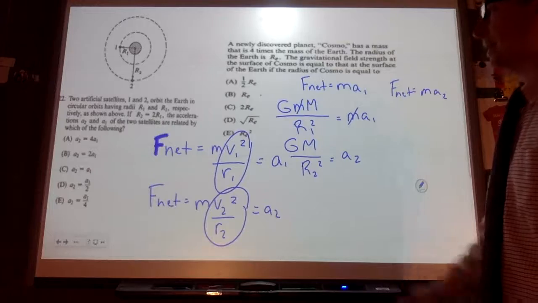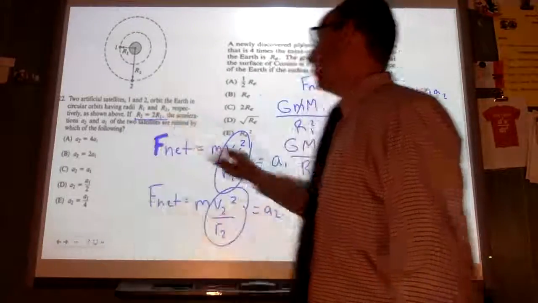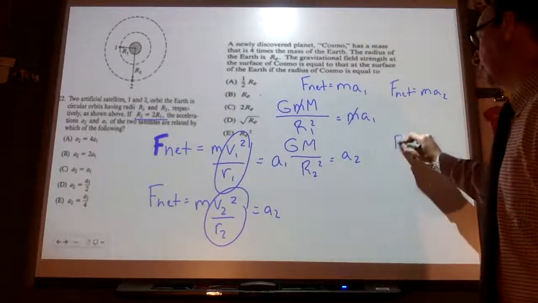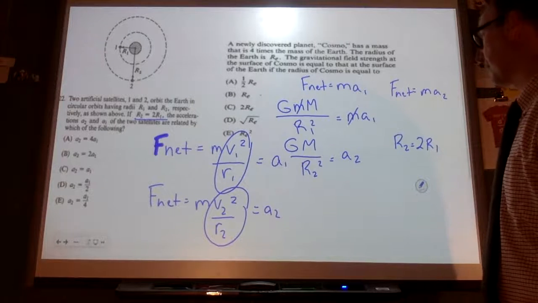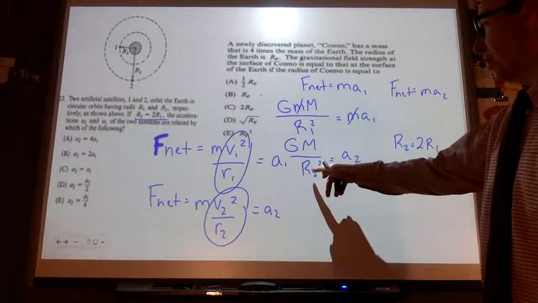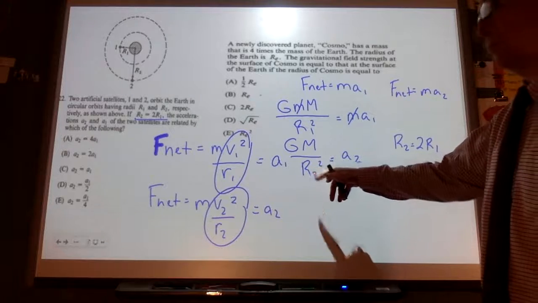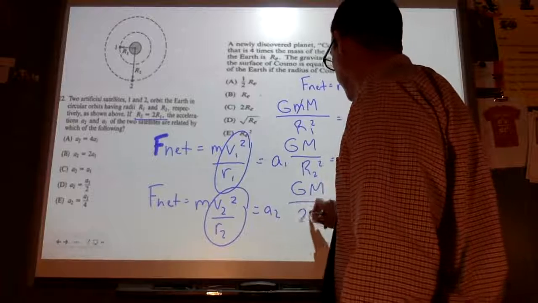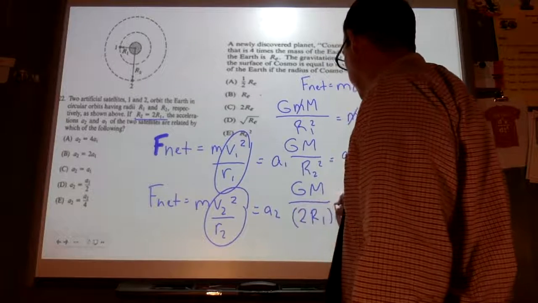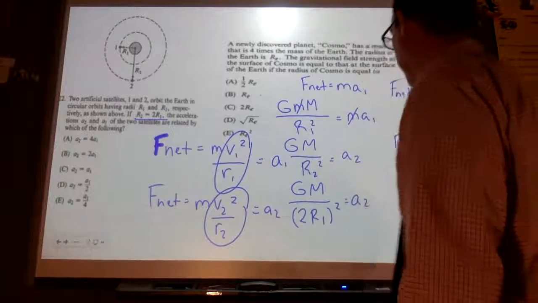All right, so the other thing that we know is that r2 is equal to 2r1. So I'm going to put in 2r1 for r2, and that's squared.